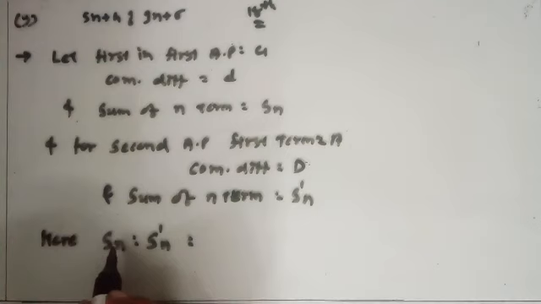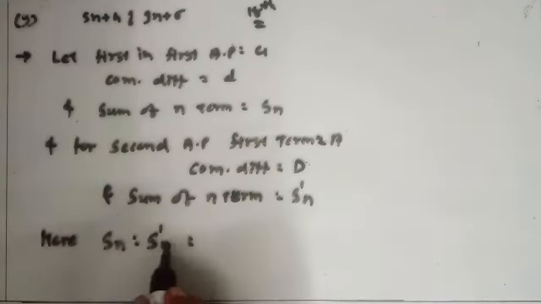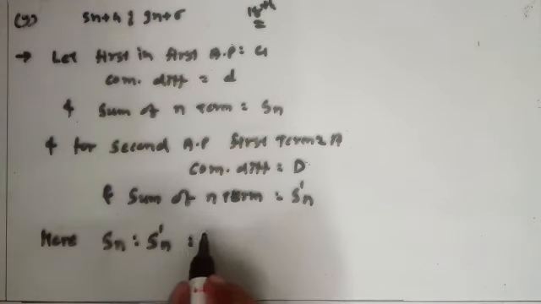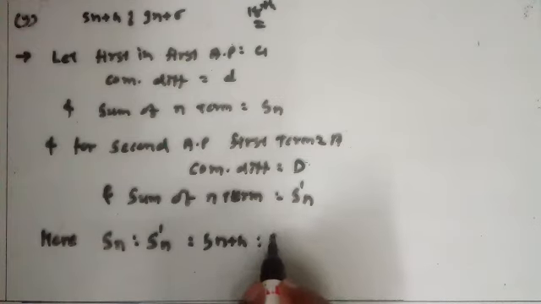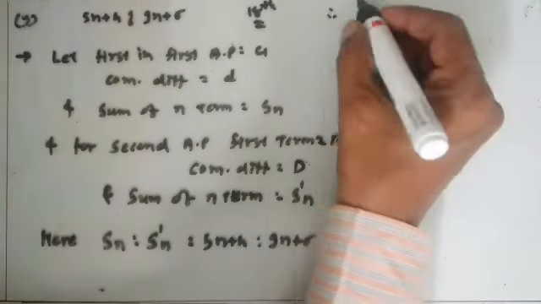Here it is given that the ratio of the sum of n terms of the first AP and the second AP is 5n plus 4 to 9n plus 6.